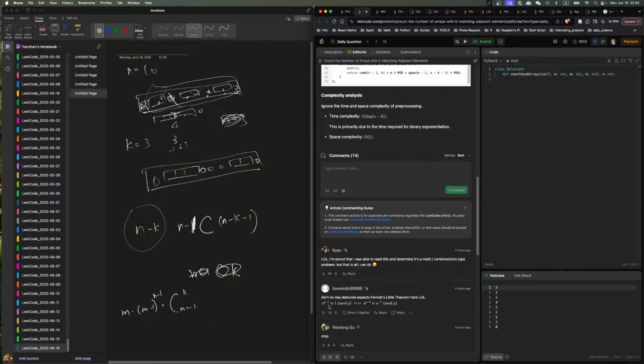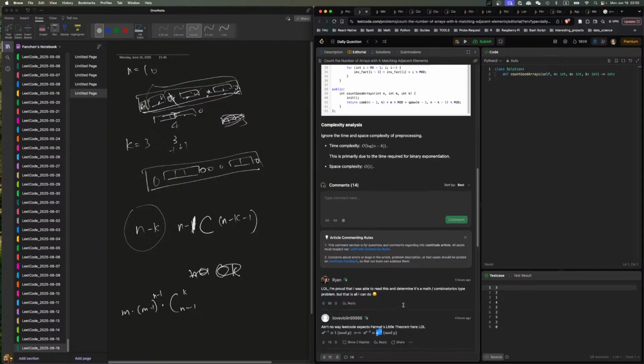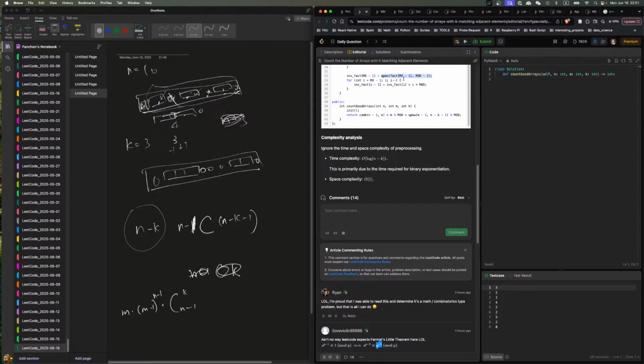If A mod P is equal to 1, then this and this mod P have the same value. Which means if I want to find this mod P, I just need to find A to the P minus 2 mod P, right? Which is essentially what this does.